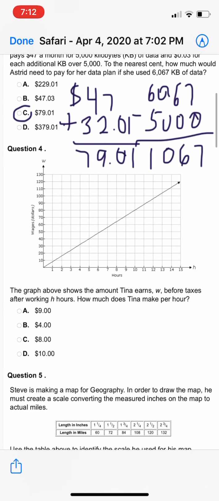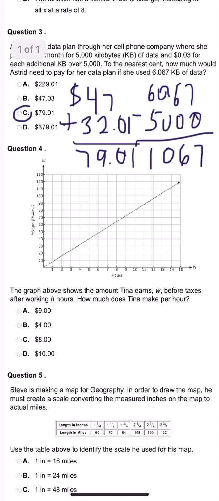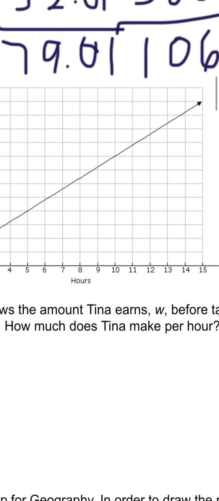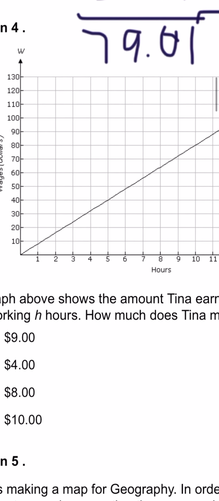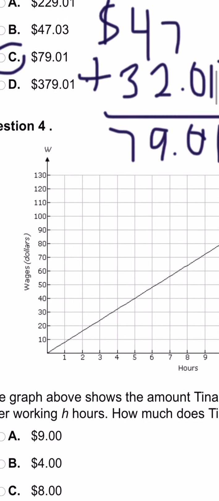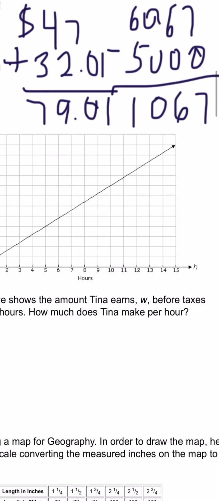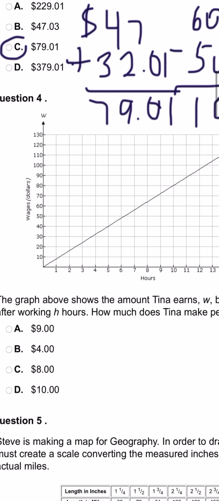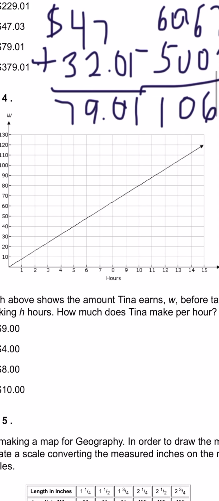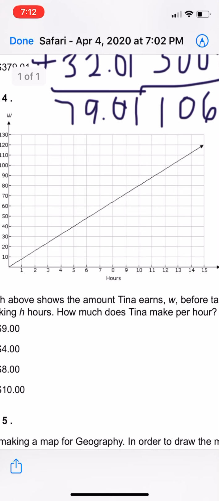Question 4 says the graph above shows the amount Tina earned, W, before taxes after working 8 hours. So our hours are our X values and our wages are our Y values. So how much does she make per hour? We could find the rate of change by finding the slope.